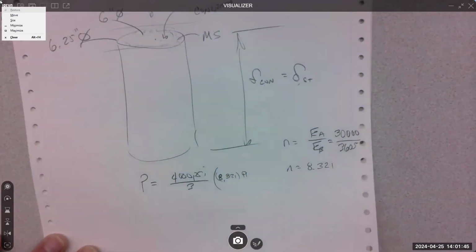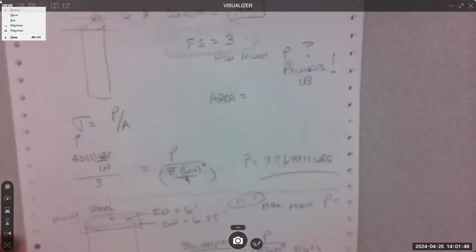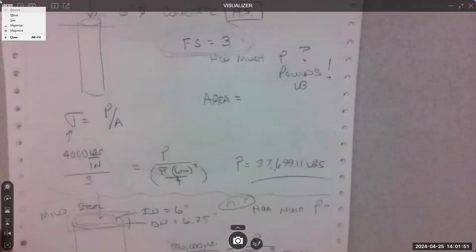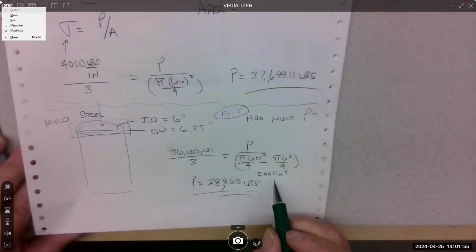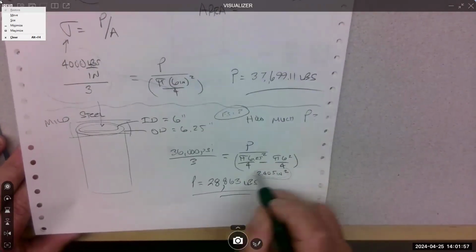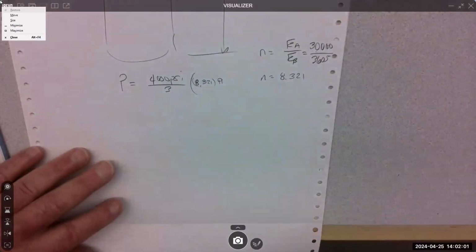I'm just going to look it up, because we already did this once. Area of the steel was 2.405. I wrote it down right here because I knew where I was going with it. 2.405.